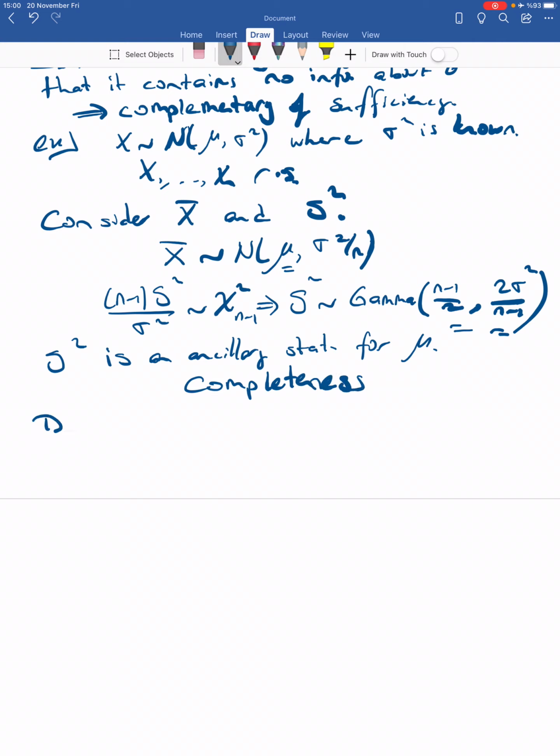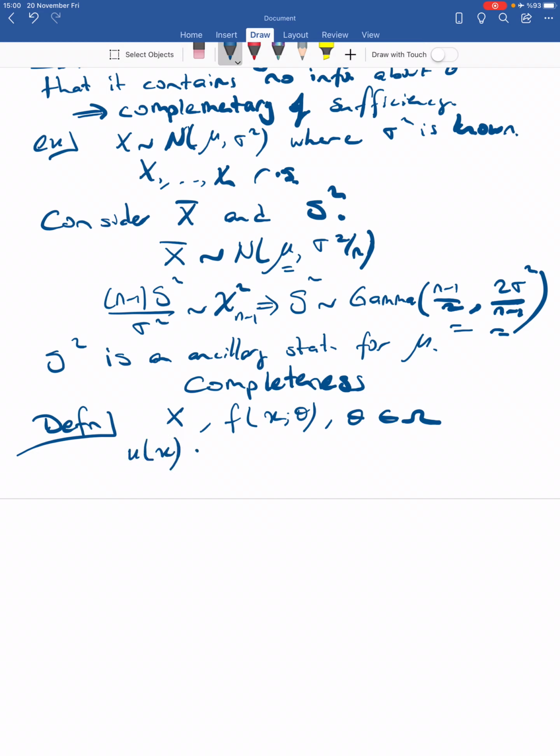Okay, so let's start with the definition. Here we also assume that we start with just one unknown parameter case. So theta is in the parameter space. Here we start with an arbitrary function of x. Consider u(x), it could be any function.